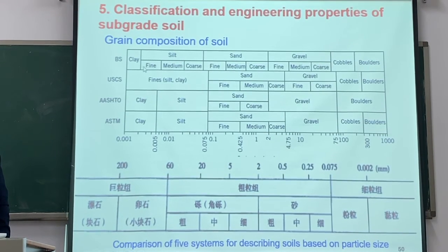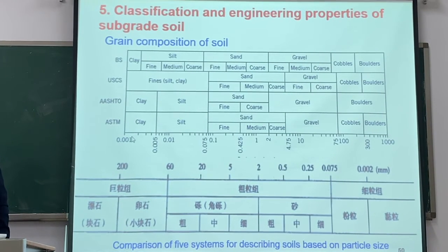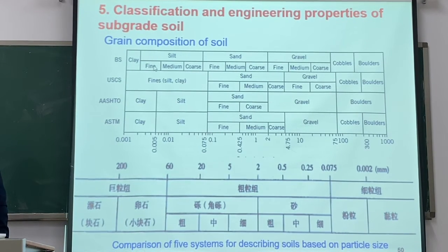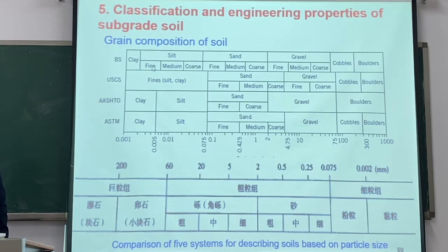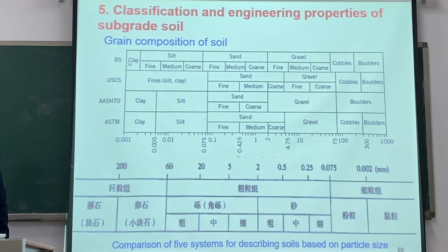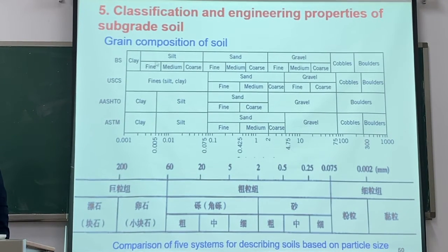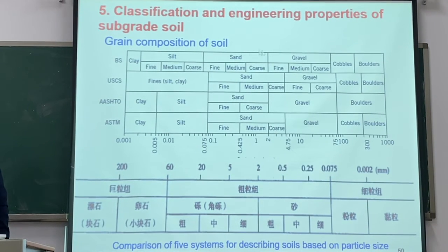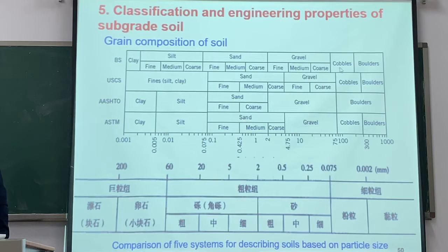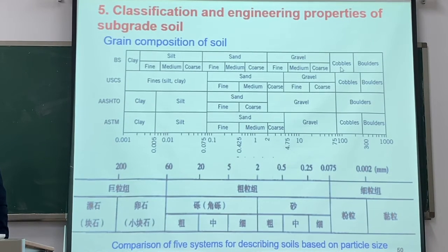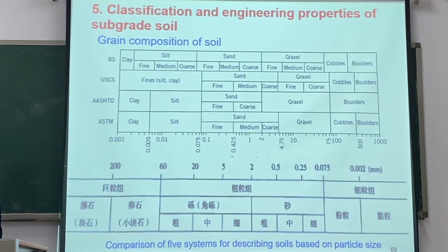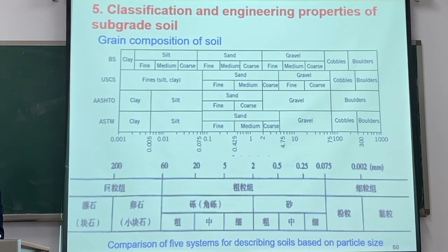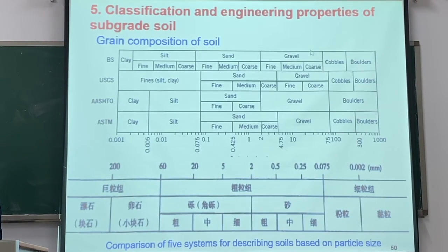We can divide it into clay, which is less than 0.002 millimeters. Larger are silt, sand, gravel, cobbles and boulders.